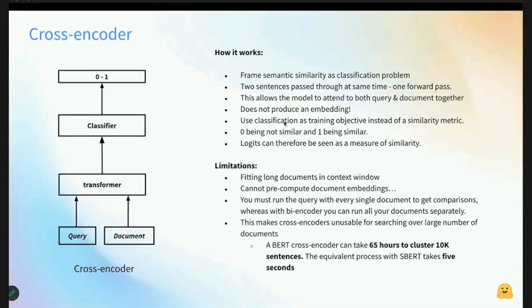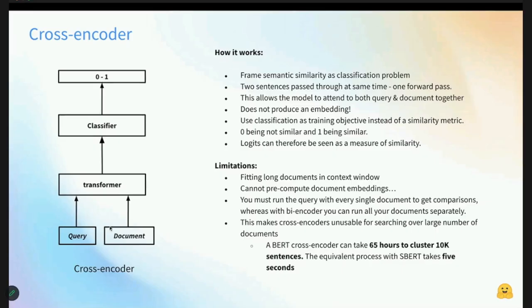The first limitation is that since you're now passing in a query and a document together, and you have a fixed context length, your documents potentially have to be much smaller to fit into the fixed context window. But the bigger issue is that there's no embedding that comes out of this. You get a probability score.